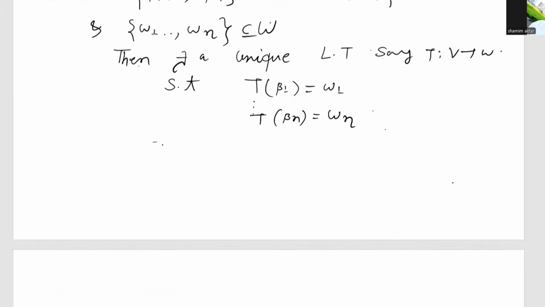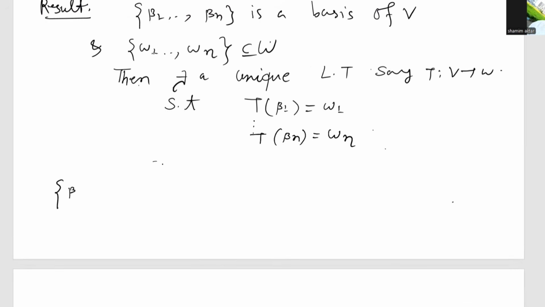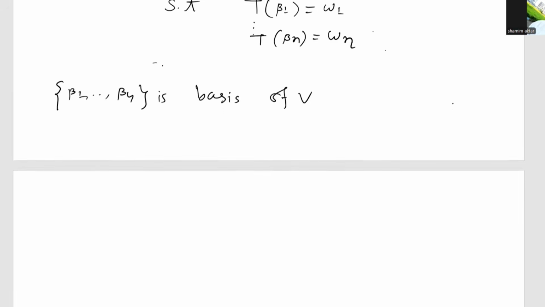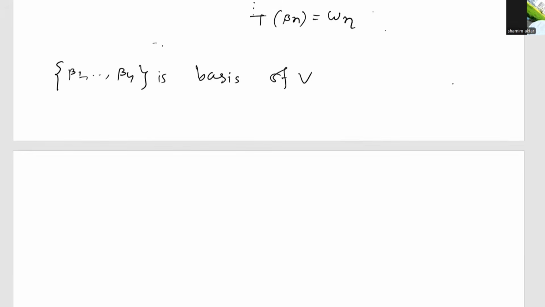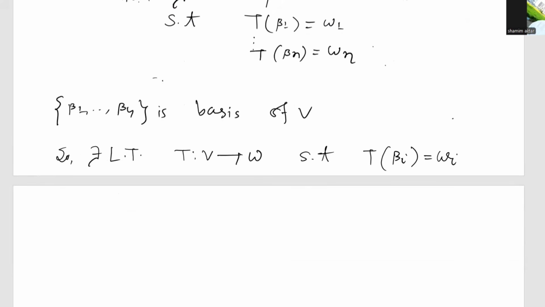Now here beta 1 through beta 4 is a basis of V, so we can find a unique linear transformation from the above result. There exists a unique linear transformation T from V to W with T of beta i equal to Wi.